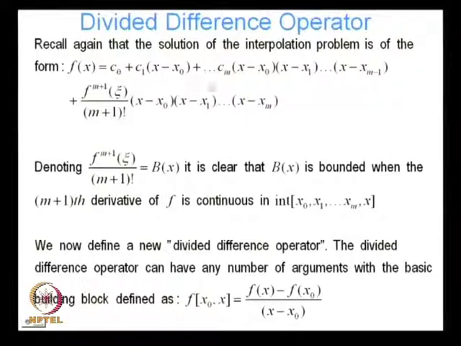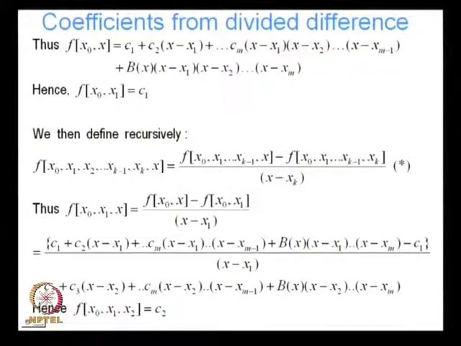Then I am dividing by x minus x0, so I am left with c1 plus up to cm times x minus x1 up to x minus xm minus 1, plus the error term with f to the m plus 1 of xi, over m plus 1 factorial, times x minus x1 up to x minus xm. So the x minus x0 term vanishes because I am dividing by x minus x0, right. So I am left with f of x0, x equal to that, right. Now if instead of x I replace x by x1, what do I get?